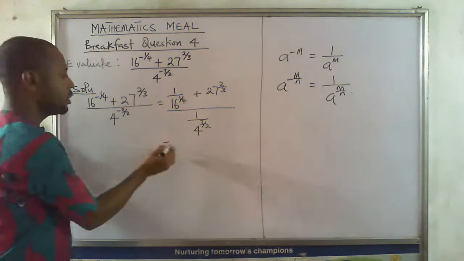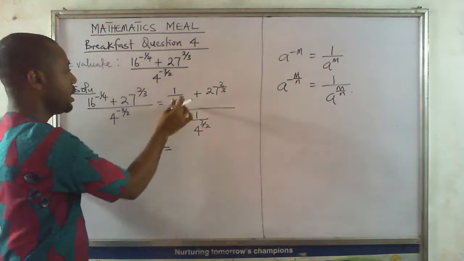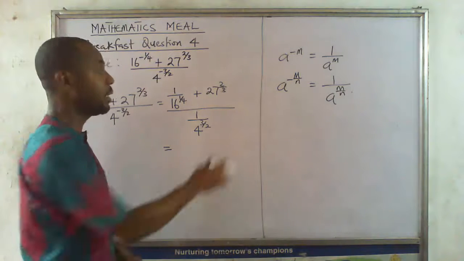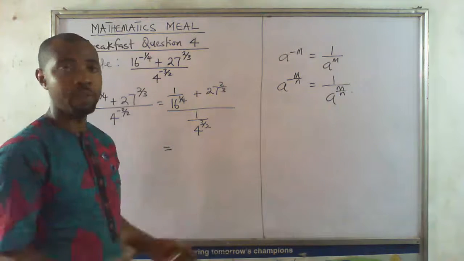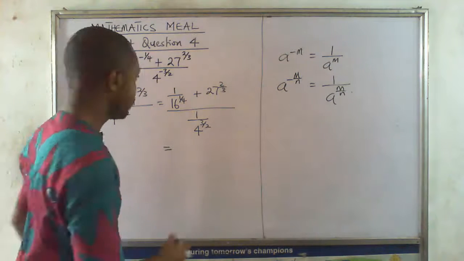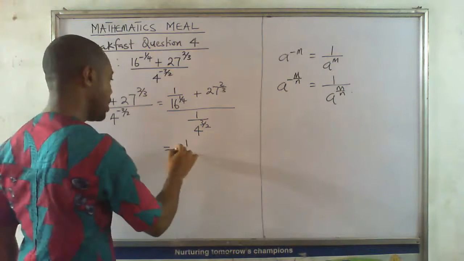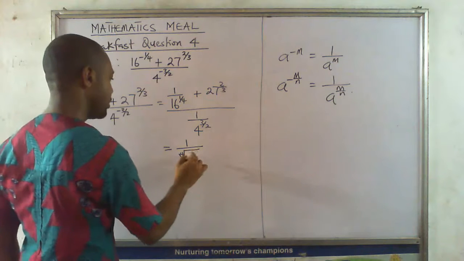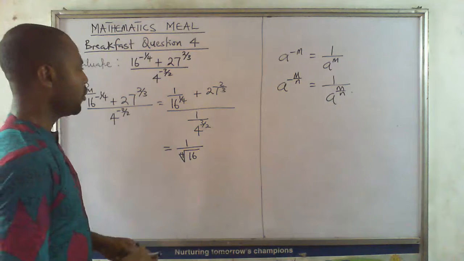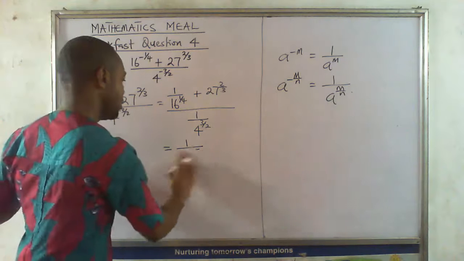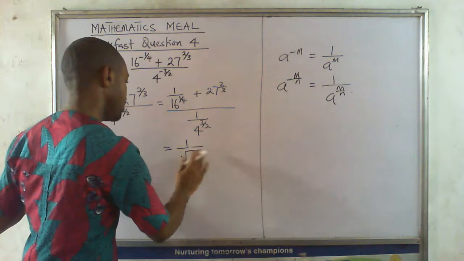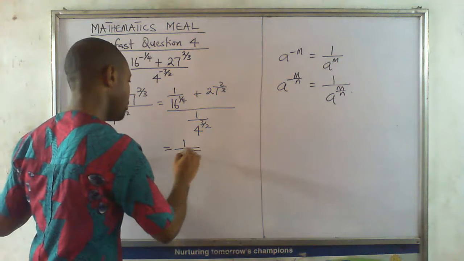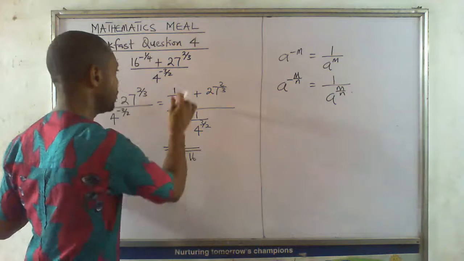Now we discover that what we have here are all fractional powers. In fractional power, the numerator of the fraction becomes a power, while the denominator becomes a root function. So we're going to write this as 1 over the fourth root of 16 raised to power 1.